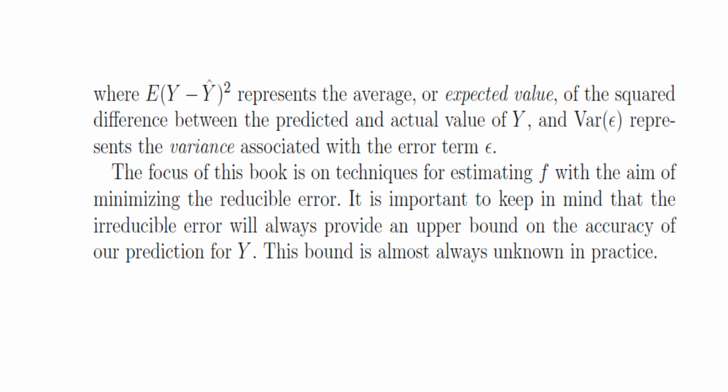The focus of this book is on techniques for estimating f with the aim of minimizing the reducible error. It is important to keep in mind that the irreducible error will always provide an upper bound on the accuracy of our prediction for Y. This bound is almost always unknown in practice.